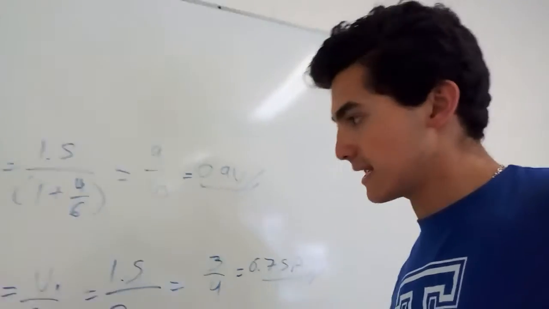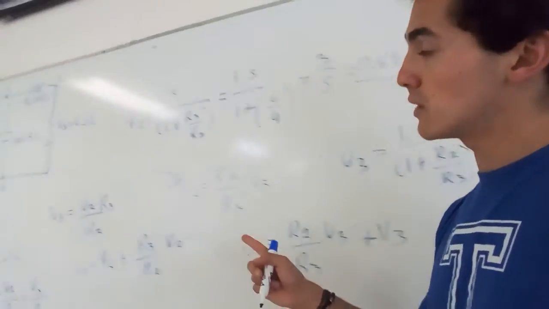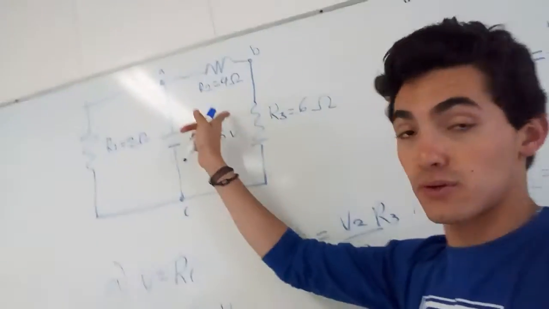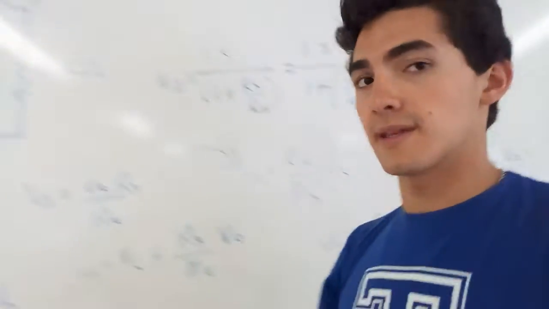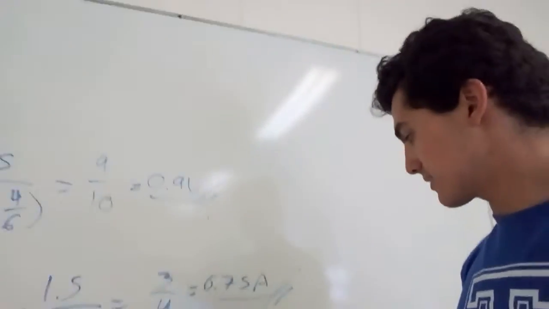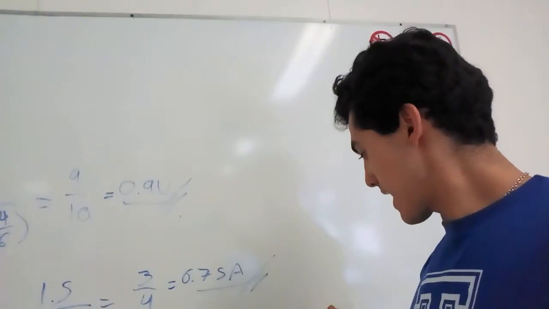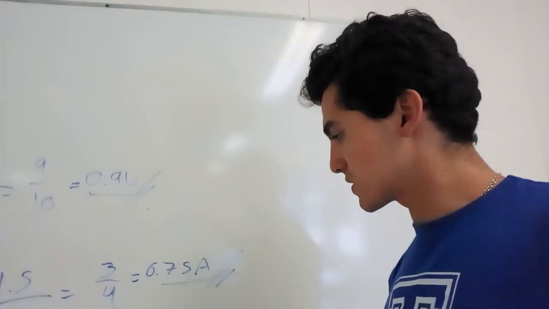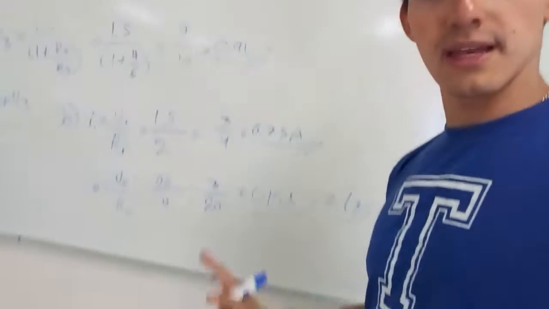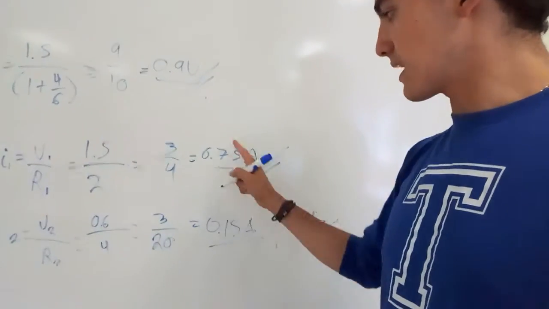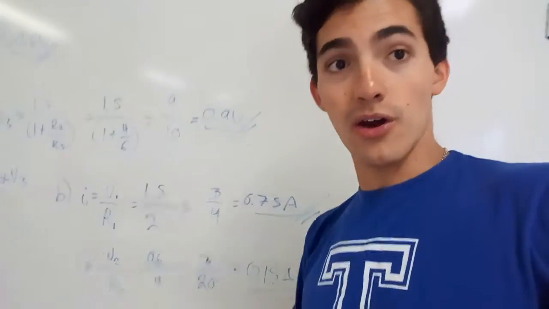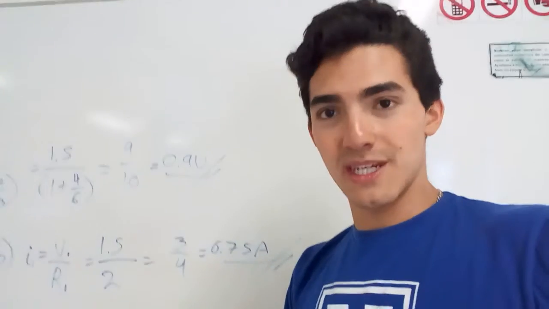But as we said, the current in 2 will be exactly the same as the current in 3 because they are in series. So here, this will be exactly the same as the current in 3. Now we have the 3 currents that are asked to obtain in the problem.